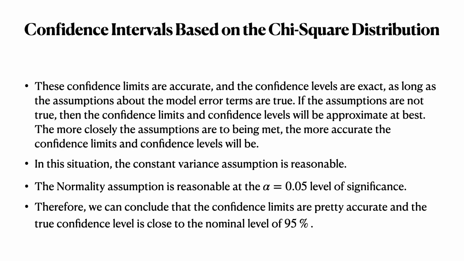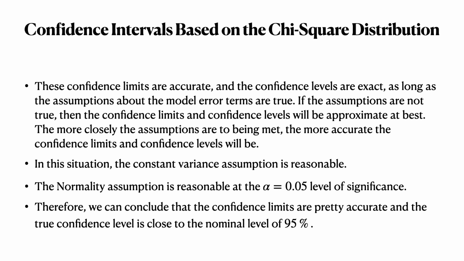Now, in this situation, the constant variance assumption is perfectly reasonable. There was no evidence, really numerically, in that test that the variances differed across the 4 varieties. Regarding the normality assumption, even though there was some negative skewness in the residuals, it really was not enough to be significant in 3 of the 4 tests that we looked at.